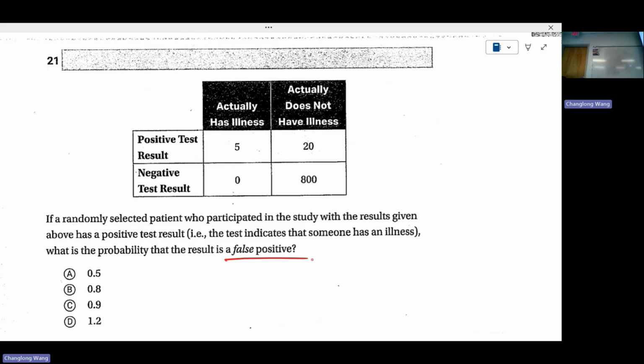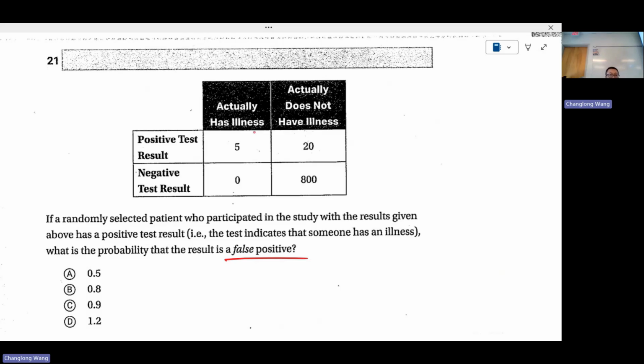So now, what I mean by false positive is it's a positive result, but it's not correct. People are not sick when they get a positive result, right? So that's false positive. So now guess what? You can actually put these 4 entries into true positive, false positive, true negative, false negative, right?